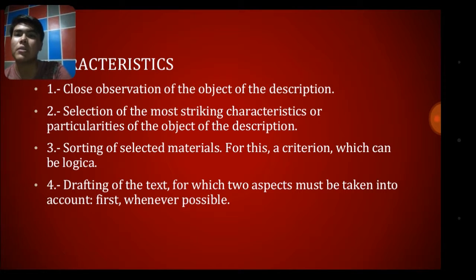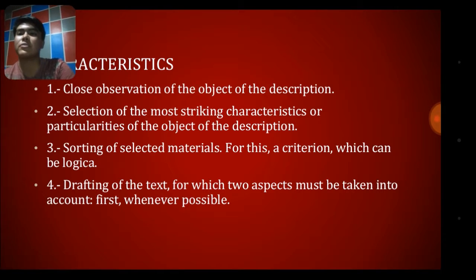If it is for the sake of description, it has to be remembered. It is very important to make an effort to remember as accurately as possible the details of the object of the text. Number 2. Selection of the most striking characteristics or particularities of the subject of the description, those that really identify it and differentiate it from other objects in the same class.